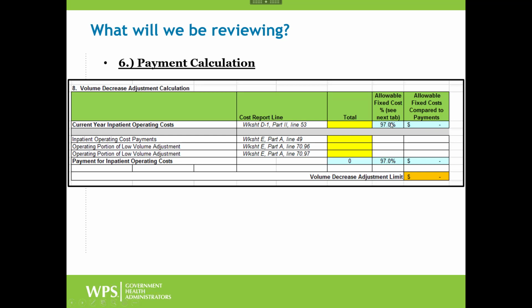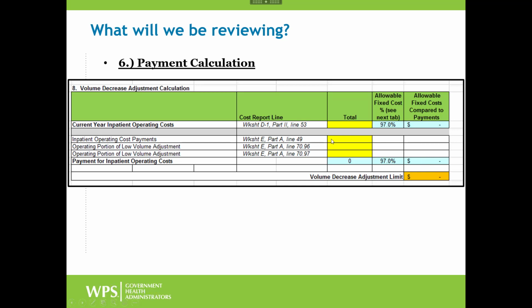I was just entering some numbers, but on the next tab it ended up being 97% fixed cost. That's extremely high, very unusual, pretty much impossible at this point. But let's say it was 97%. If I had an amount in here, then we would be comparing 97% of that to 97% of the Medicare payments being made.